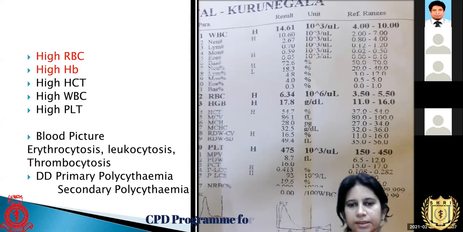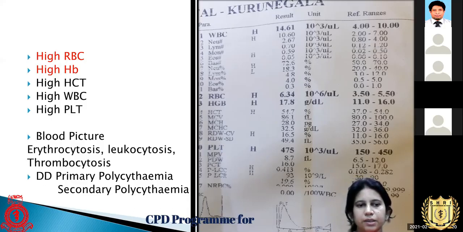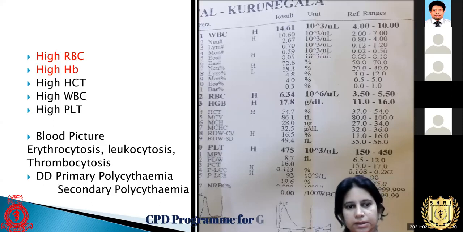And hematocrit 54.7, normal indices, and RDW high. Platelet high with normal MPV. So basically high RBC and high HB with almost all parameters increased. So blood picture reported as erythrocytosis, leukocytosis, thrombocytosis. So are you dealing with primary polycythemia or secondary polycythemia?